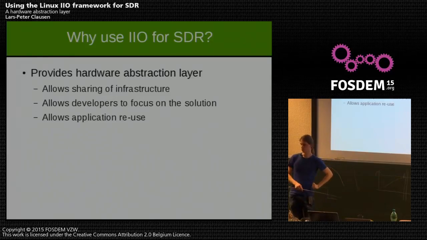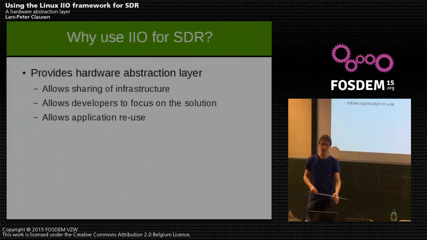The first thing you actually do when you start working on an SDR project is you write some code to actually get the data out of your device. In my opinion, that shouldn't be the way it is, because if you have a common framework which provides the capability of getting the data out of the device, you can focus on writing your actual application, without having to care about all the low-level register access.